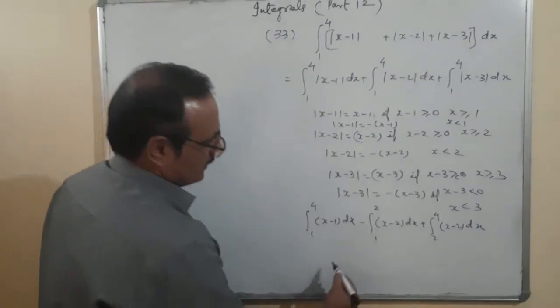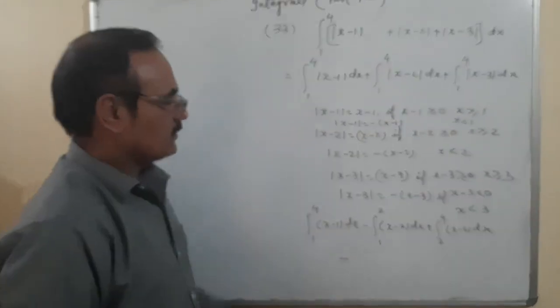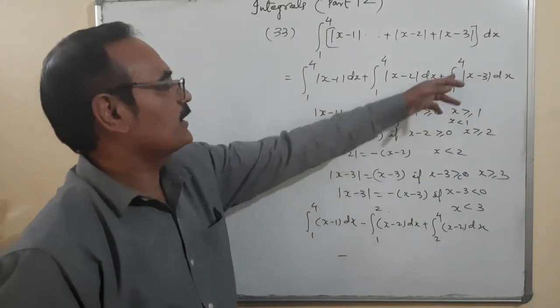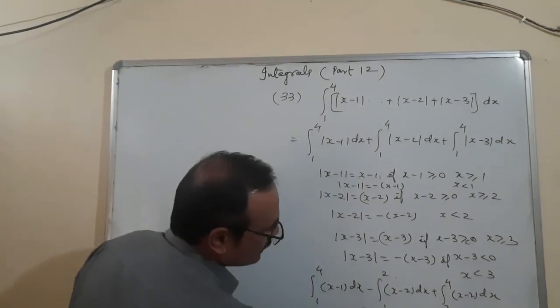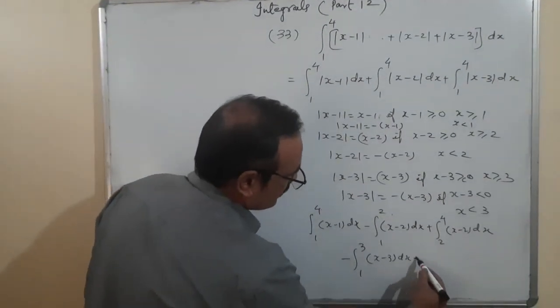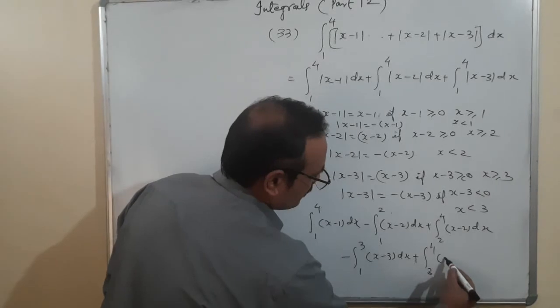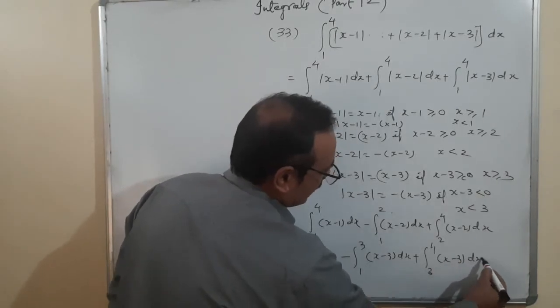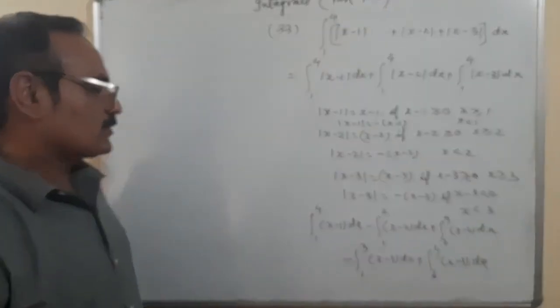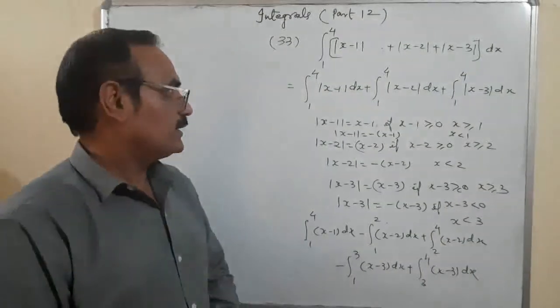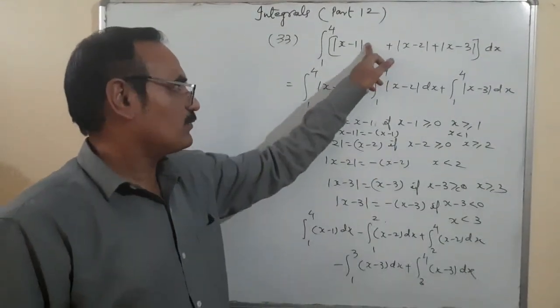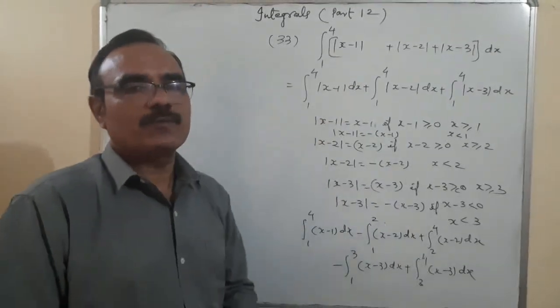Okay, and plus, now x minus 3. Limit 1 to 3 x minus 3 dx plus 3 to 4 x minus 3 dx. Is it okay? So these are all the conversion in the form of simple terms; already given in the form of mod, and I have converted to the form of simple terms.